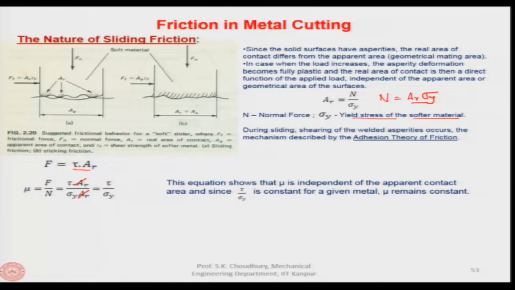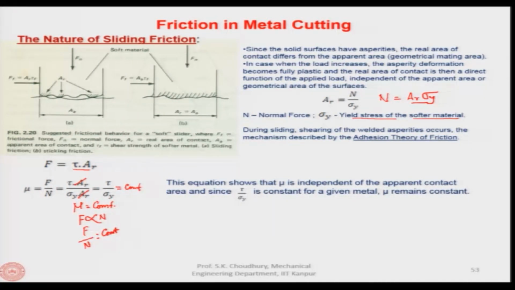This ratio of tau and sigma y reasonably remains constant for a wide range of materials, and therefore, for a given metal, mu remains constant. That means F is proportional to N, or F by N is constant, which is mu.